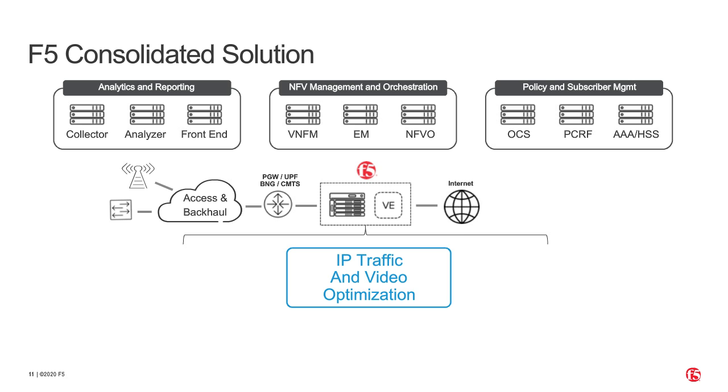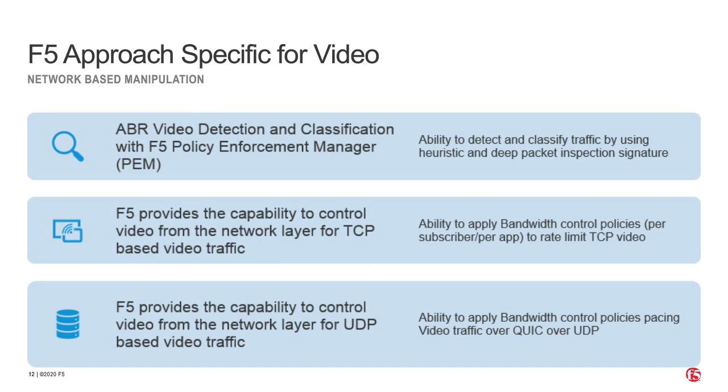It works based on two main components. The first one is the detection of the video traffic. F5 has a specific module which is able to detect adaptive bitrate flows. The important thing here is not just detecting that a specific flow is video, but detecting that a specific flow is adaptive bitrate video.